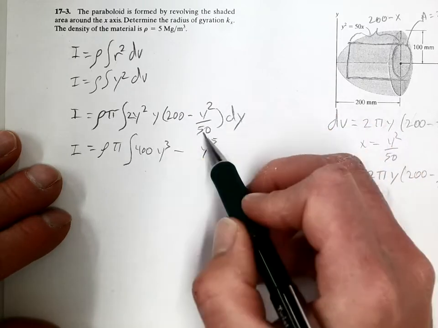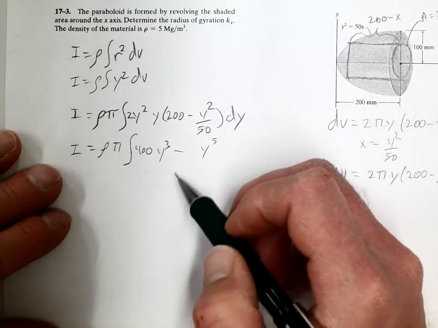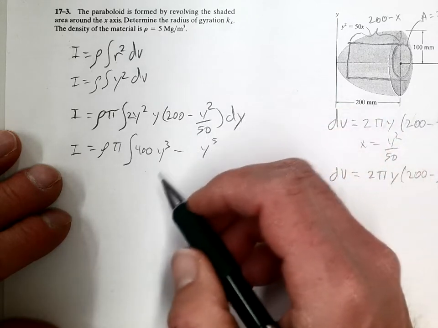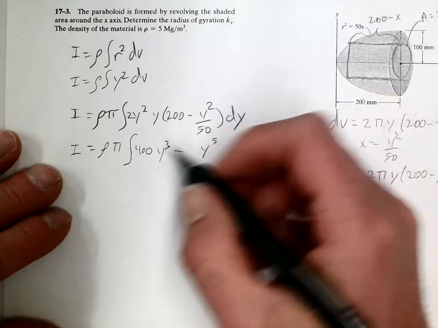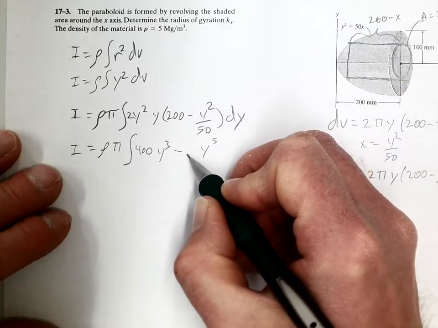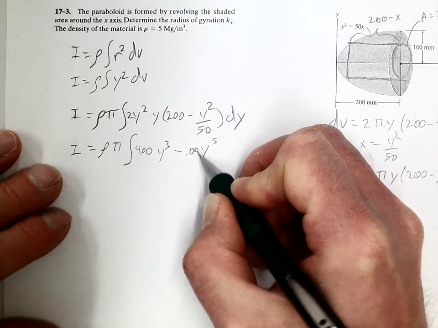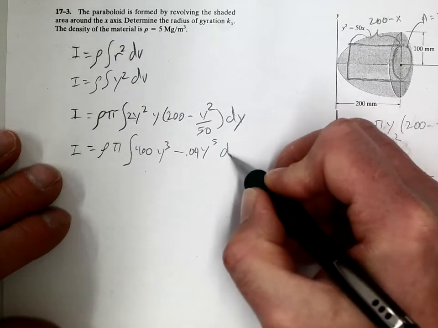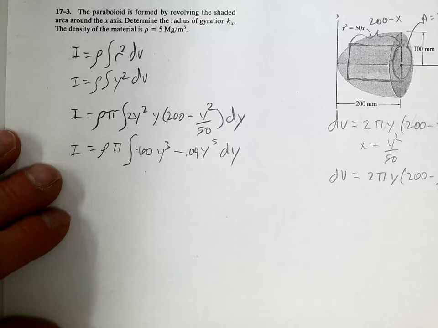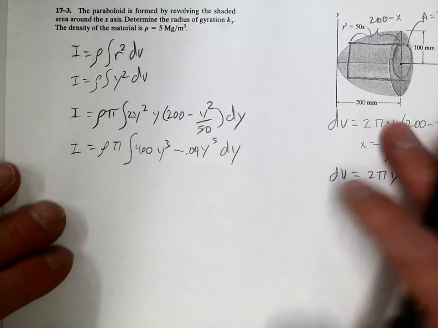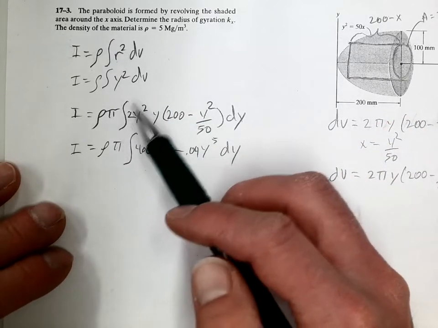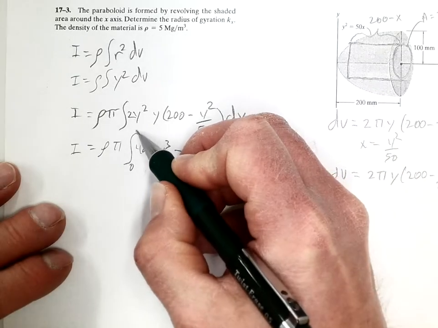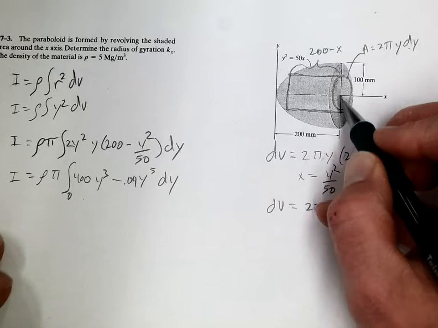And then we have 2 divided by 50, and 2 divided by 50 is 0.04 dy. Okay, and we're going to integrate this from 0 to 100.